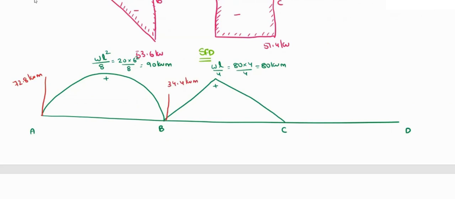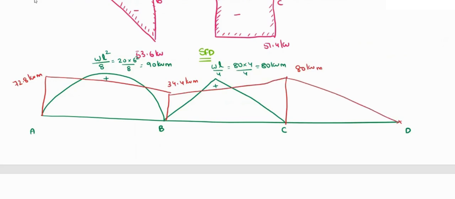Again, at this CD portion, you are having 80 kilonewton meter, that is the same thing, 80 kilonewton meter. At the free support, you are having 0. So we'll join all these lines. So this is negative and this is negative. So this is your bending moment diagram.